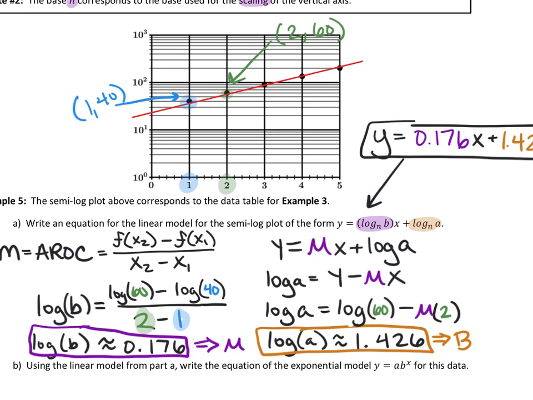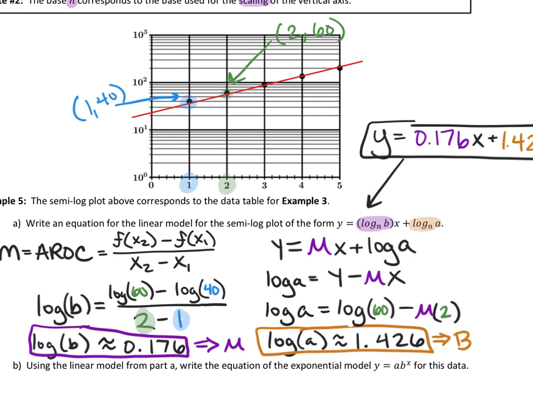So walking back through it again. To find the m, your slope: slope is an average rate of change. We needed an output and an input pair to find slope, which is the same thing we've been doing about slope since forever. You needed an x1, y1, x2, y2. That's what I've done here. To find my slope, which is the average rate of change, I found an output and an input for two separate values.